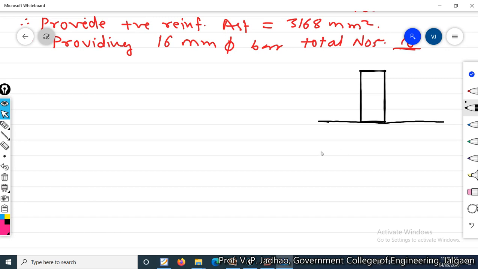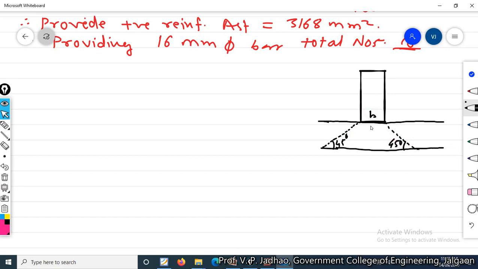This is the portion below this particular column. Now the steel reinforcement is provided in such a manner like this, having a 45-degree angle.